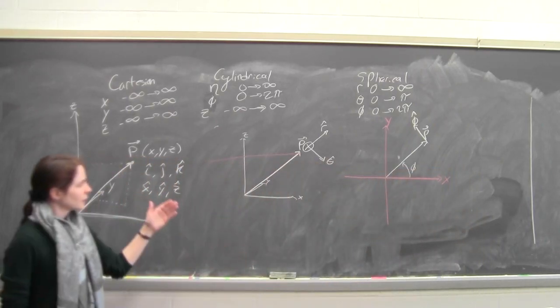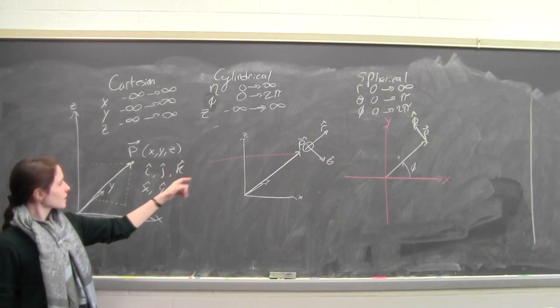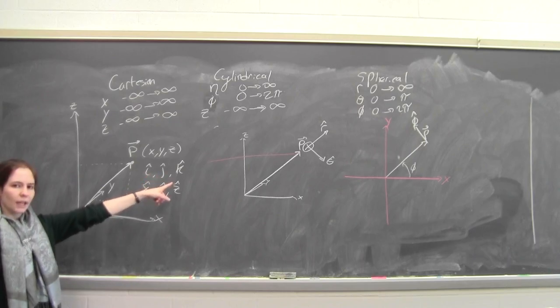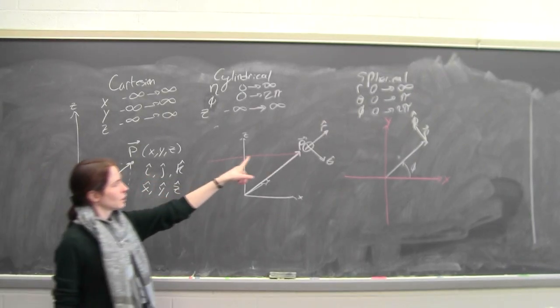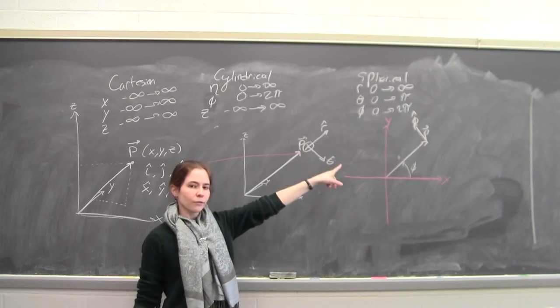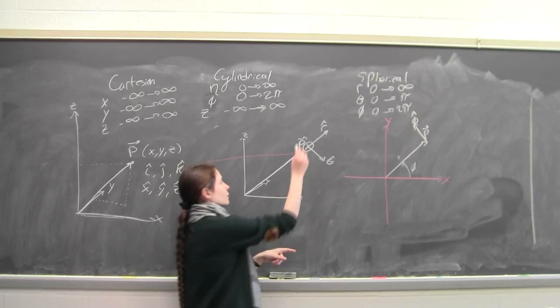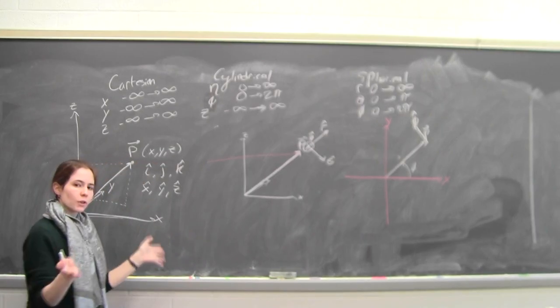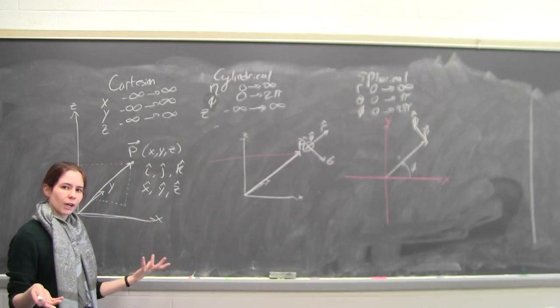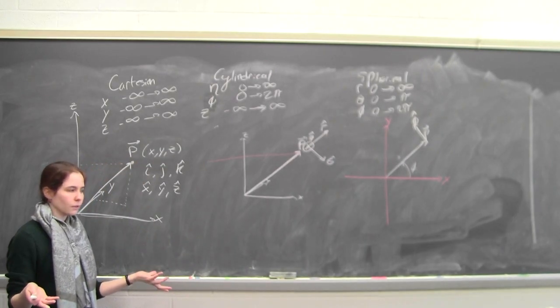So you can see that just like i, j, and k, or x, y, and z hat, are perpendicular to each other, r hat, theta hat, and phi hat are also perpendicular to each other. Oh, I forgot to label phi hat there. And so just with those three numbers, you're able to fully describe the direction of a vector.